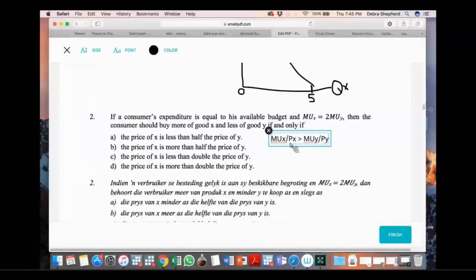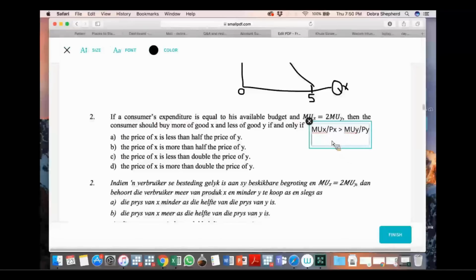If the marginal utility of X per rand was greater than the marginal utility of Y per rand, that would tell us that the consumer needs to buy more X and less Y. The reason why that tells me that he wants more X and less Y is because every unit of X that he purchases is going to offer him more utility per rand than every unit of Y he purchases.